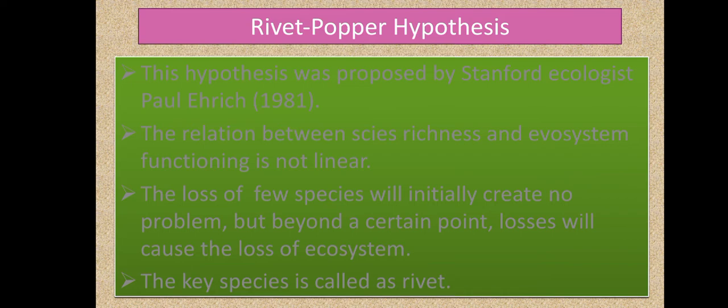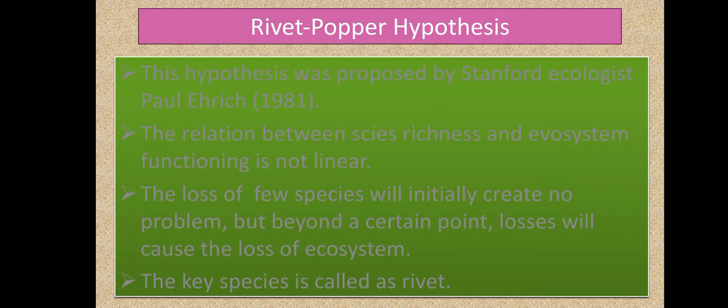But when the rivet or the part of the wings of the aeroplane is taken out, there will be damage to the aeroplane. Here the wings are assumed as the ecosystem, and the parts of the wings are assumed as the species in that ecosystem.